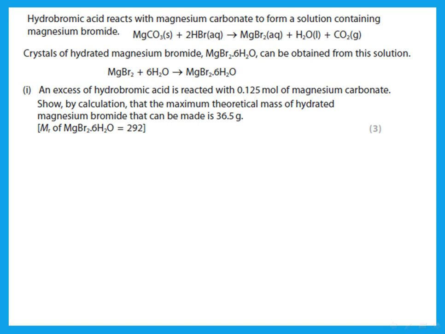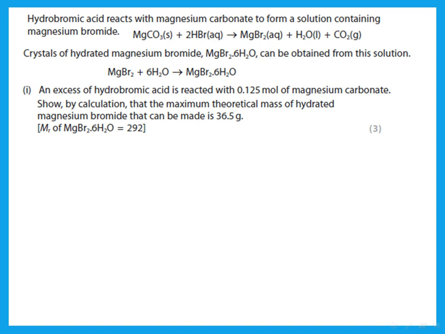So he already gives me the number of moles. I don't need to sit down and calculate number of moles of magnesium carbonate. Now show by calculation that the maximum theoretical mass of hydrated magnesium bromide that can be made is 36.5. Yani he's saying calculate the mass that you should get.